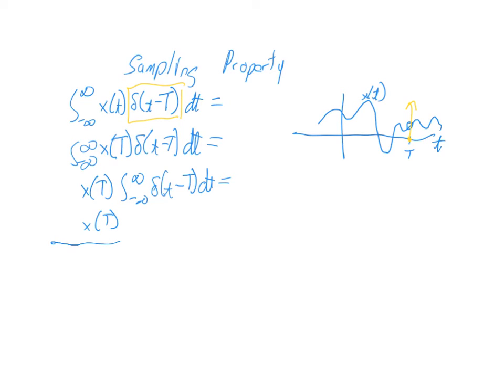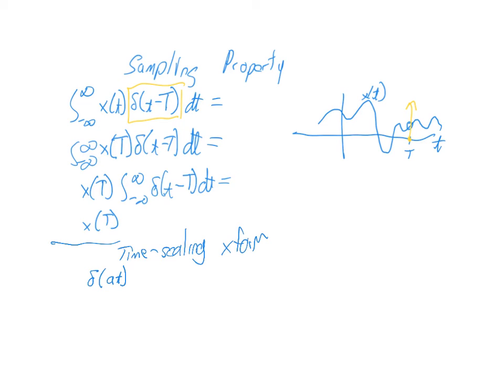But I do have one final property for you before we wrap up this video, and that is we have to look at what happens when we time scale the delta. So we're going to talk about the time scaling transformation. Okay, so let's just have the delta of at with no time shift, but let's put a scaling factor a here.